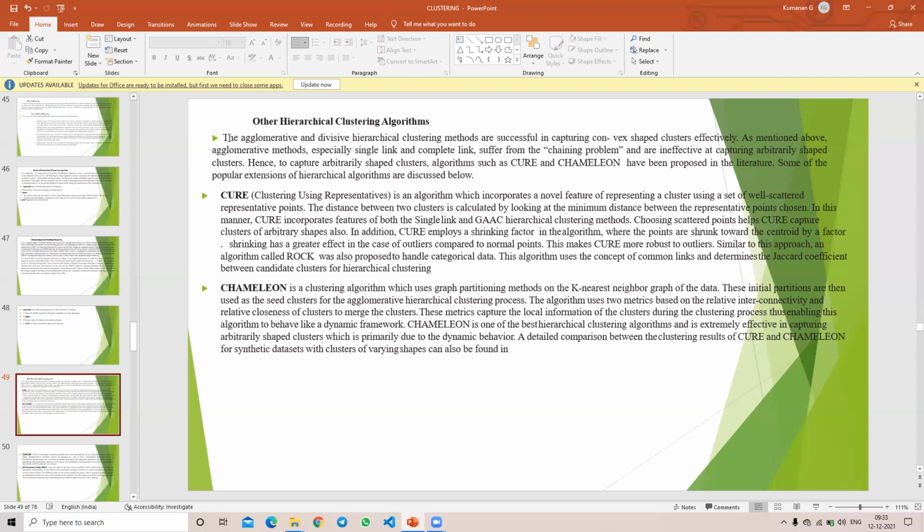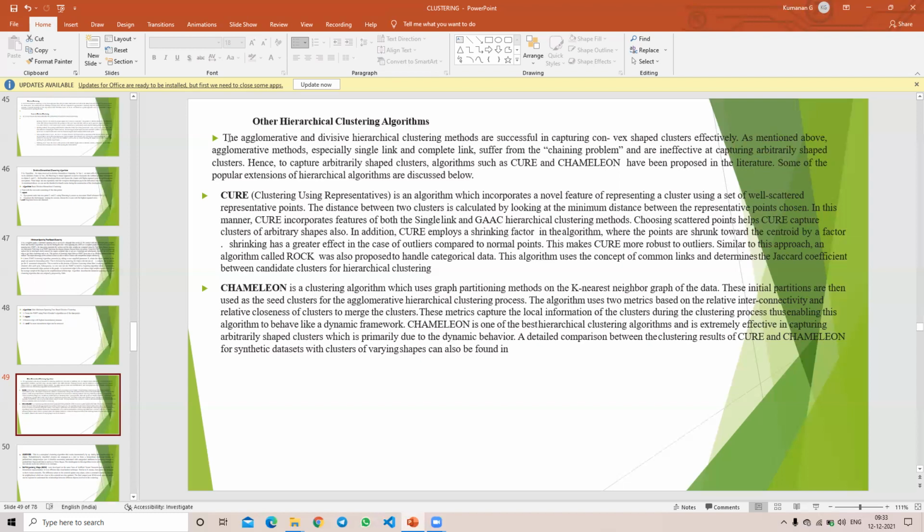Chameleon. You already know it's an animal, not a reptile, but here it's another type of hierarchical clustering. Chameleon is a clustering algorithm which uses graph partitioning methods on the k nearest neighbor graph of the data. The initial partitions are then used as the seed clusters for the agglomerative hierarchical clustering process.